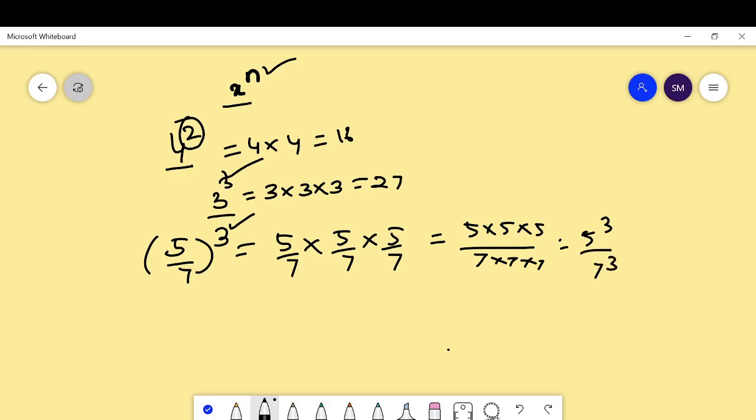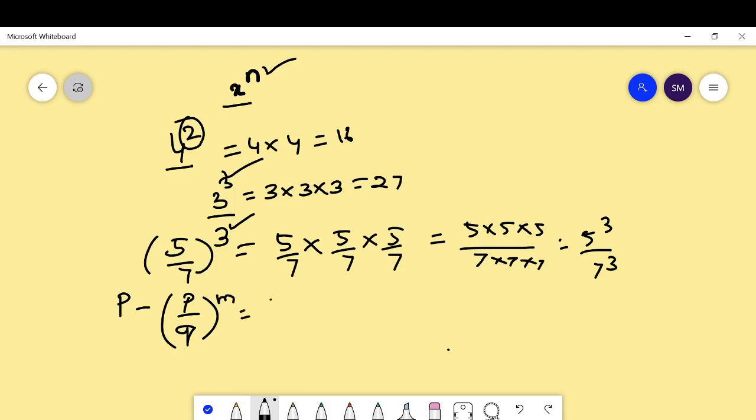Then let us discuss the first property of exponents. Suppose p by q. I have already told you a rational number can be represented in p by q form where q is not equal to 0. Suppose p by q to the power m.